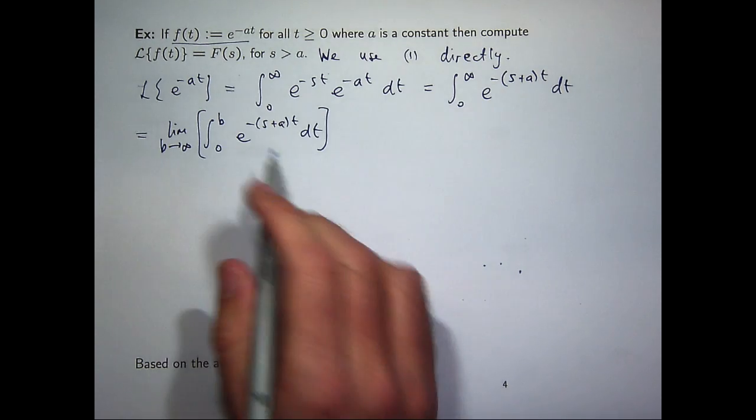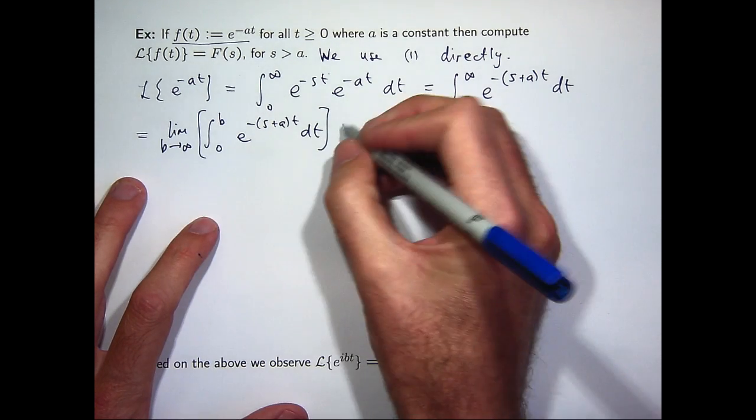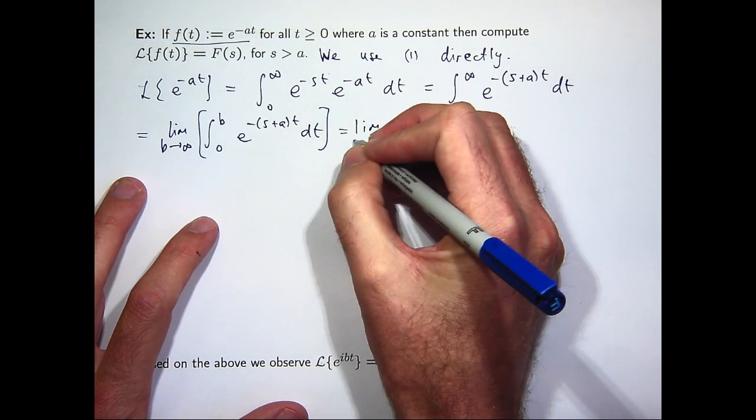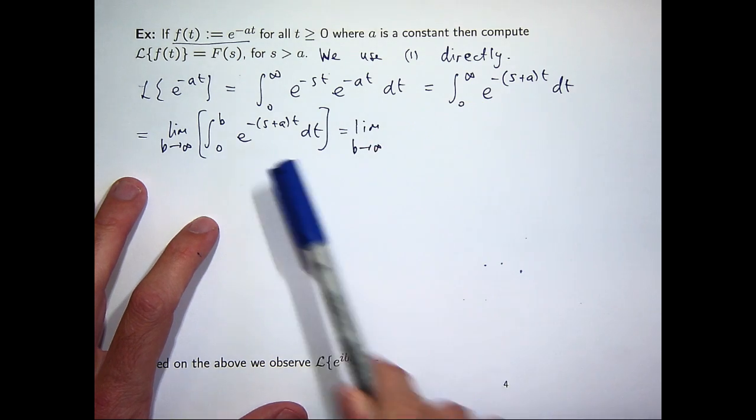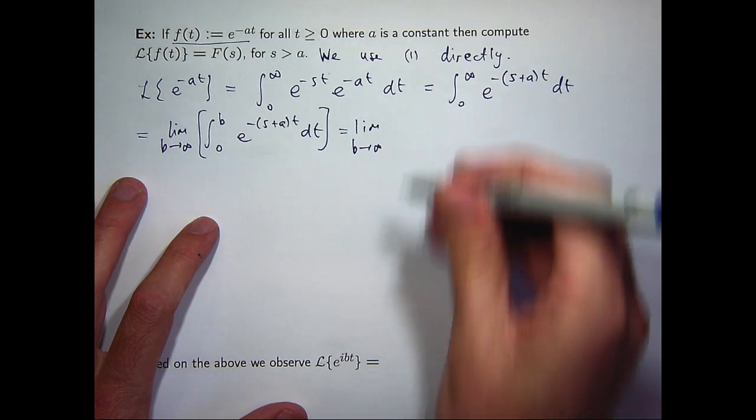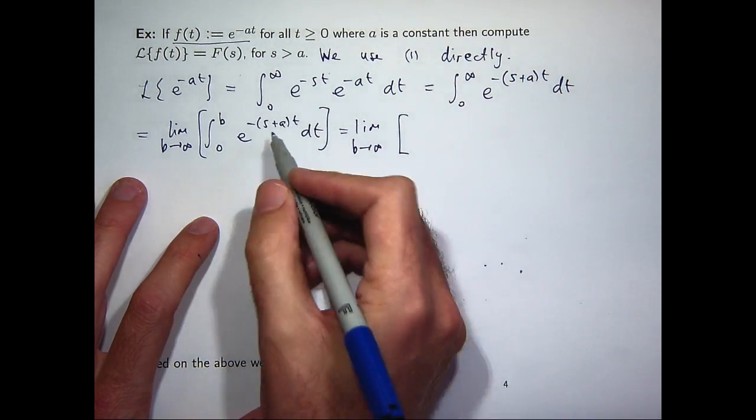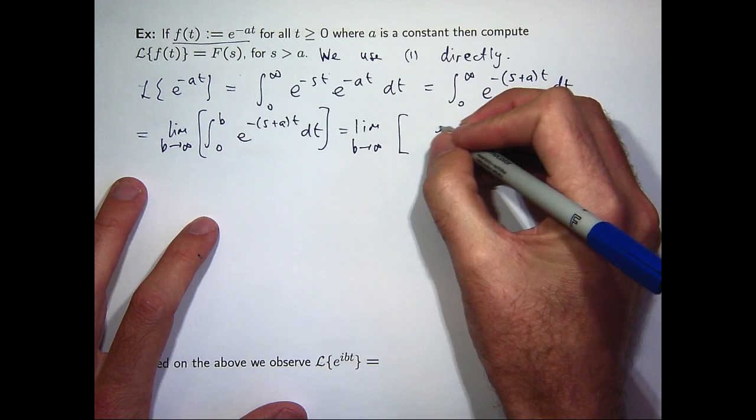Okay, so let's do the integration. We're integrating with respect to t here, so we treat s and a as a constant. And we're going to get something like this.